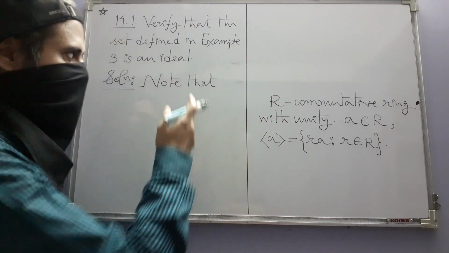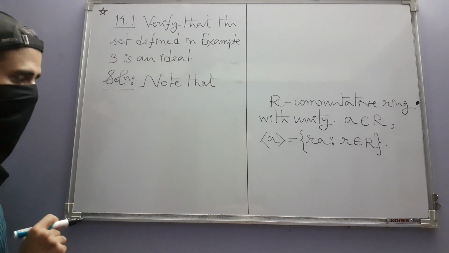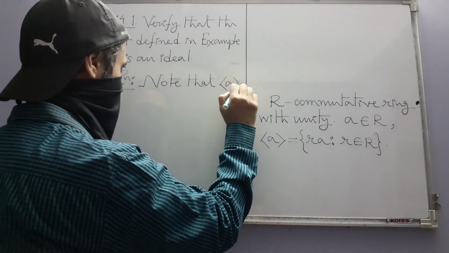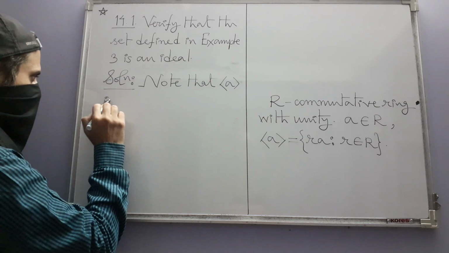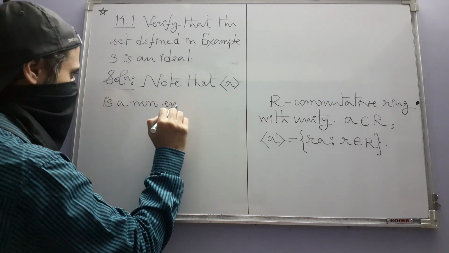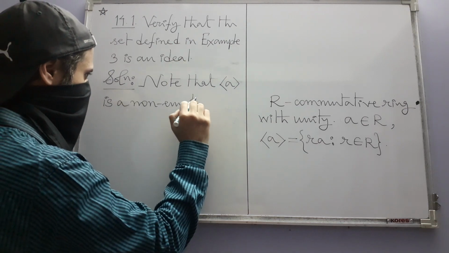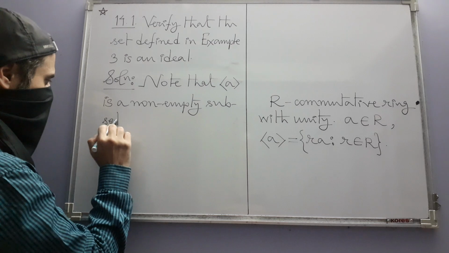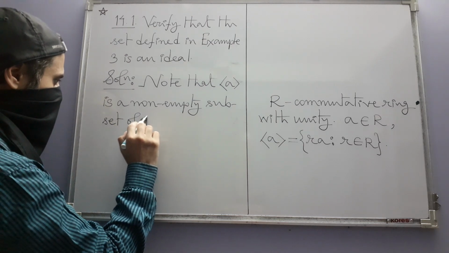We already know what example 3 is and what we are talking about here. Note that this is a non-empty subset of the ring R.